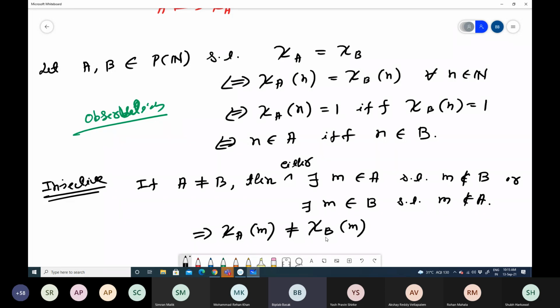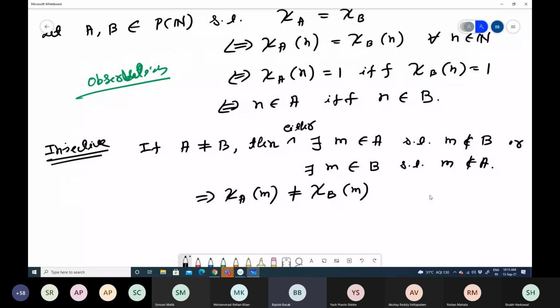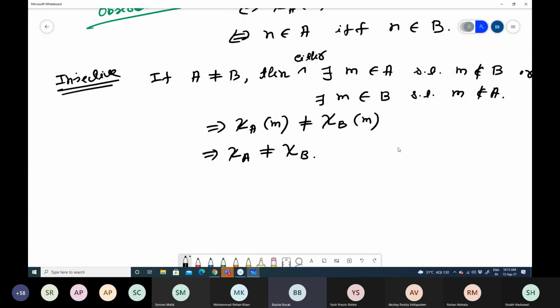Now since they are not equal, by this observation you can say that chi_A is not equal to chi_B, since at least at one point they are not equal. Therefore it is injective. So thus H is injective.